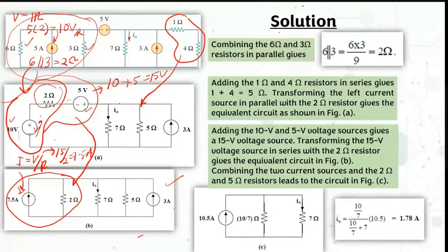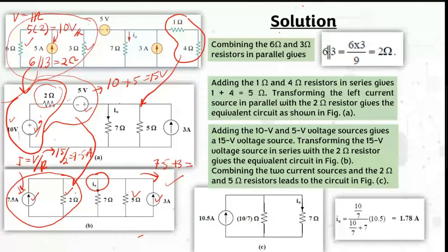Look here, the question asks you to find the I node. You need to leave this 7 ohm alone, because you want to calculate this I node. But this 2 ohm and 5 ohm are in parallel, and you can combine the current sources. The directions of the current are the same, so you can just add the values, 7.5 plus 3.